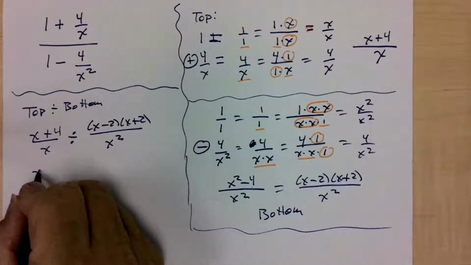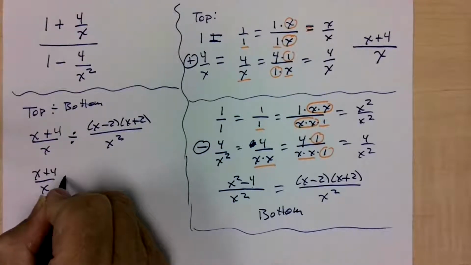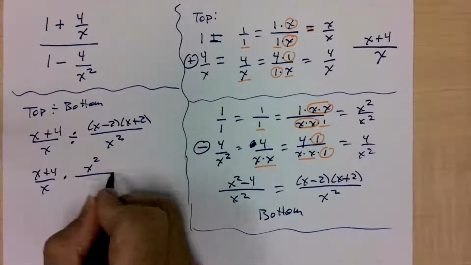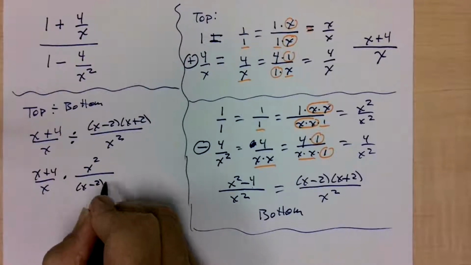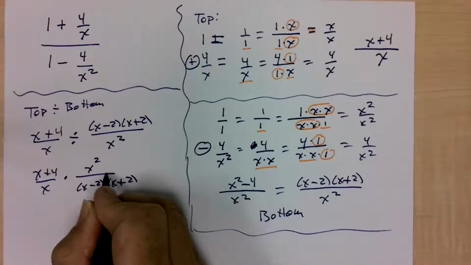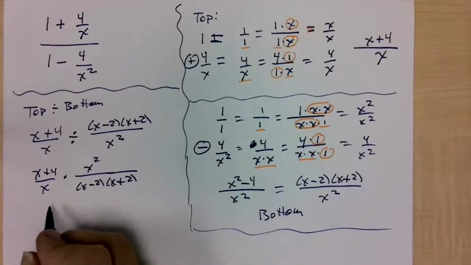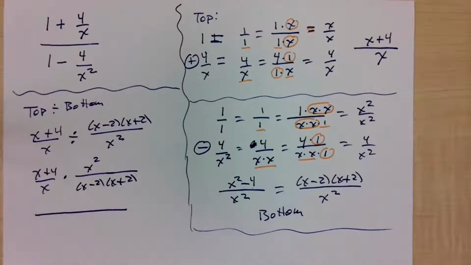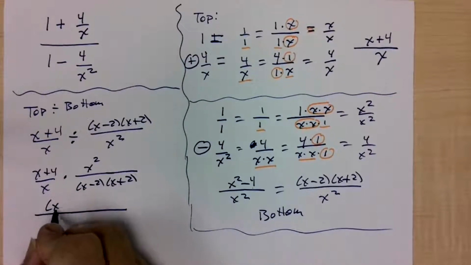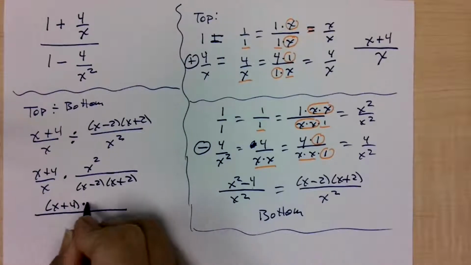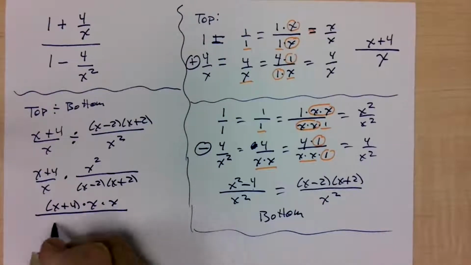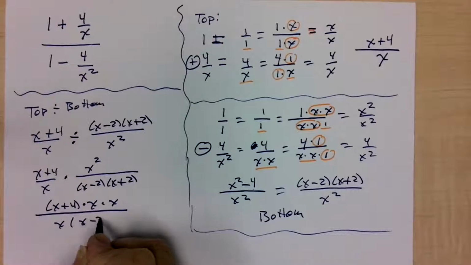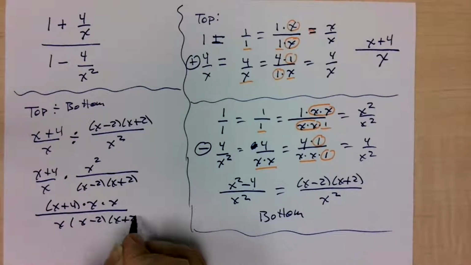That will give me x plus 4 over x times x squared over x minus 2, x plus 2. But you'll notice x squared and x can divide out. Put everything over a single fraction: x plus 4 times x squared over x times x minus 2, x plus 2.